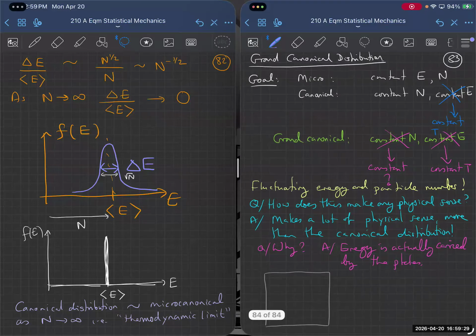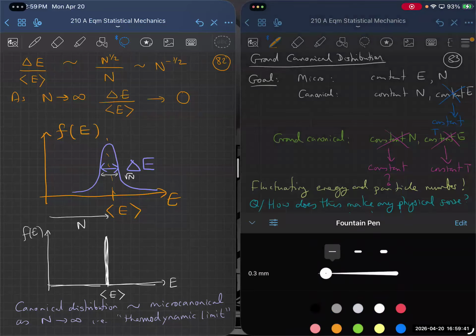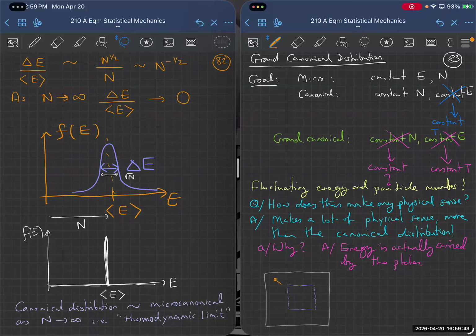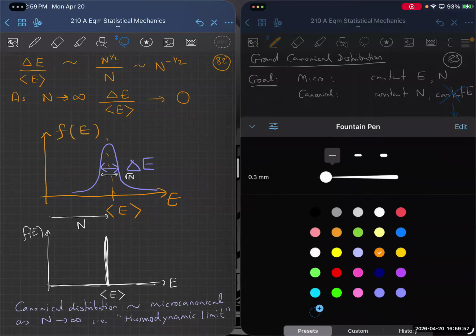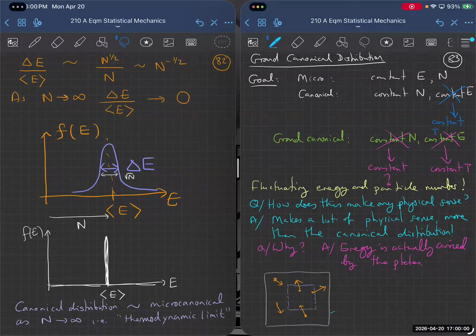I'm going to draw inside of that another little box, and I'm going to claim that my particles are flying around inside the box like this. So that's what our physical system looks like. This thing over here is an isolated system.